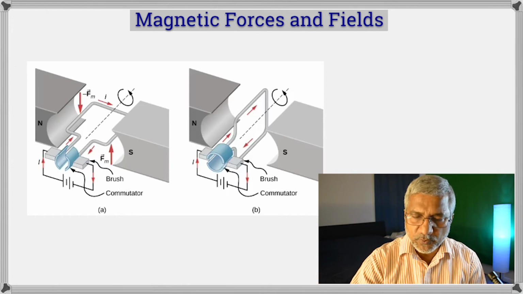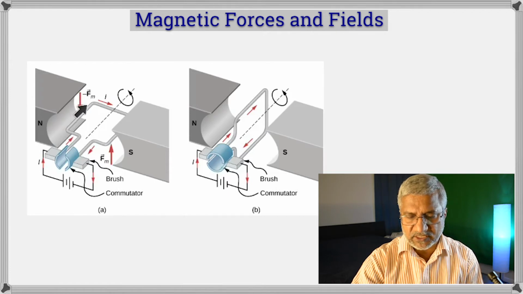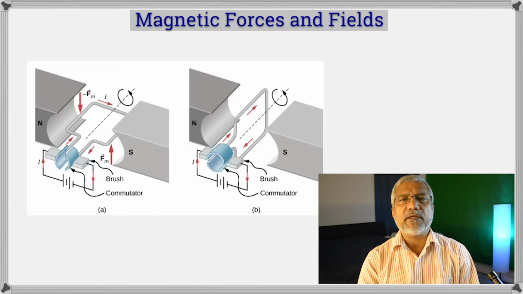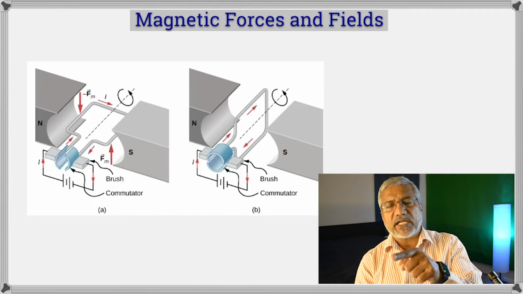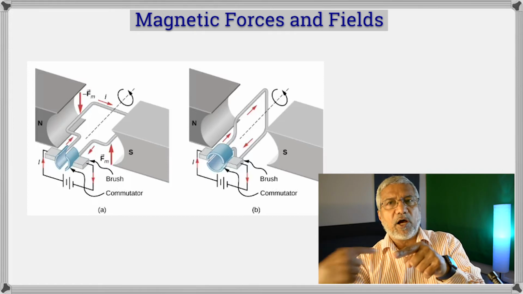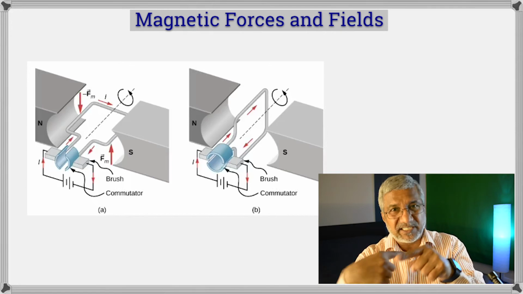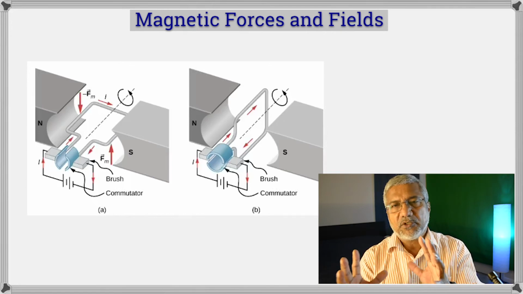But anyways, when the current begins to flow, there will be a force acting on this side downwards and on this side upwards. Why? Because on the left side, the current is flowing one way. On the right side, it's flowing in the opposite way. You see? Since the current is flowing in opposite directions, the forces will be opposite, but they will be equal.